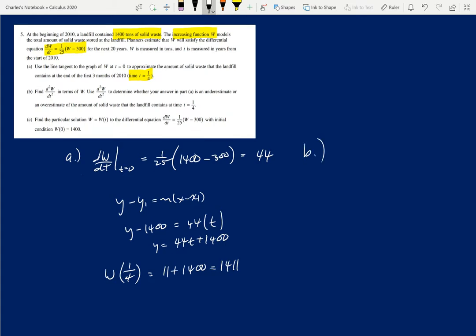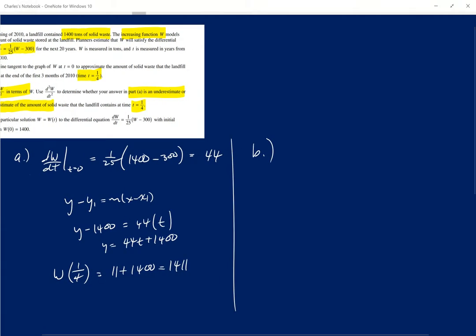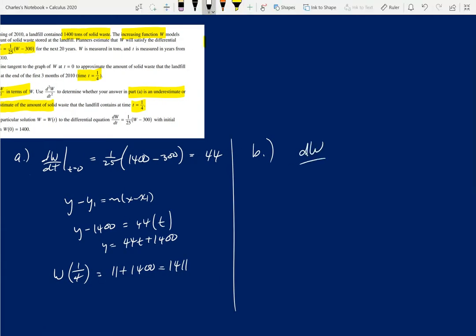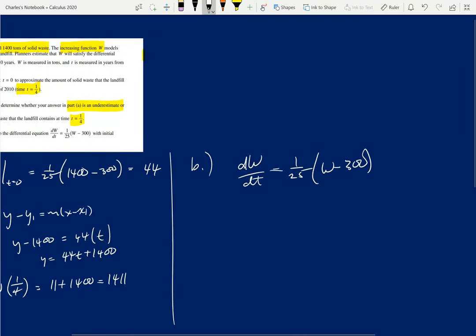Okay, so for part B, it says find the second derivative in terms of W. Use that to determine whether part A is an underestimate or an overestimate of the amount of solid waste that the landfill contains at time t equals 1/4. So if dW/dt is equal to 1/25 times (W minus 300), I'm going to take the derivative implicitly and get d squared W over dt squared.